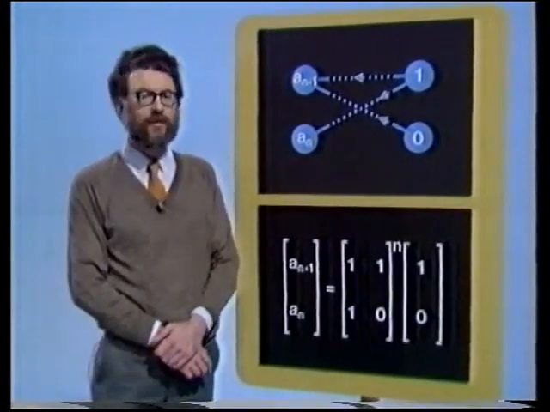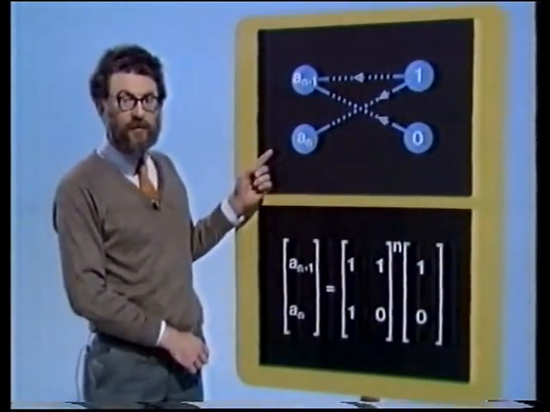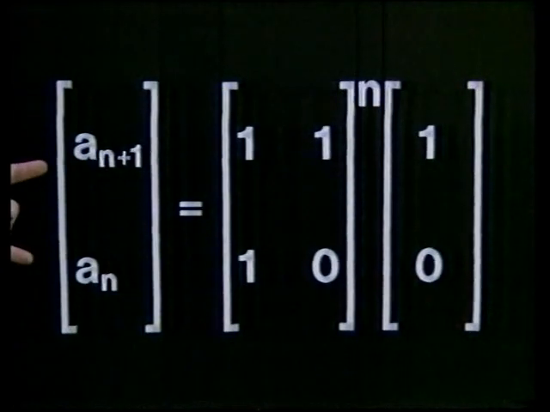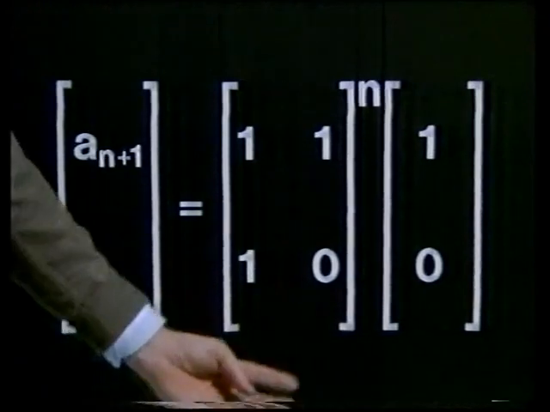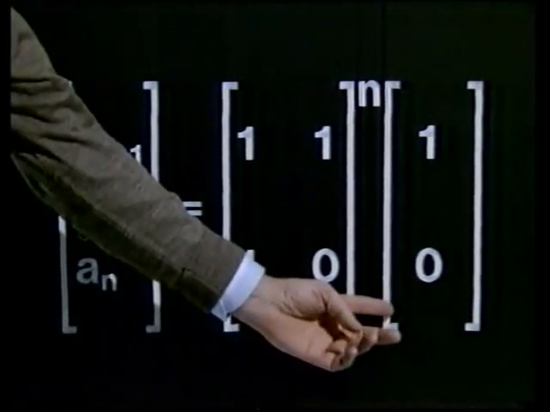In general, a_{n+1}, a_n will be our matrix to the power n times 1, 0. So summarizing the whole process as a network means we can express a_{n+1}, a_n in this form, as the nth power of this matrix operating on the column matrix 1, 0.